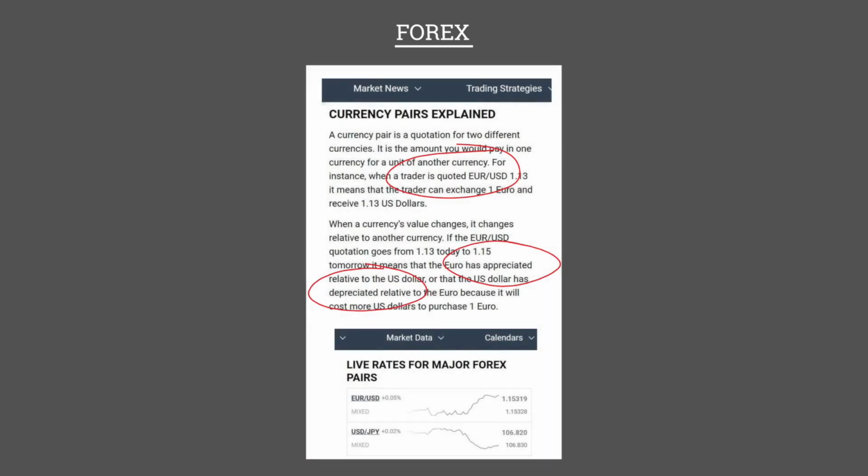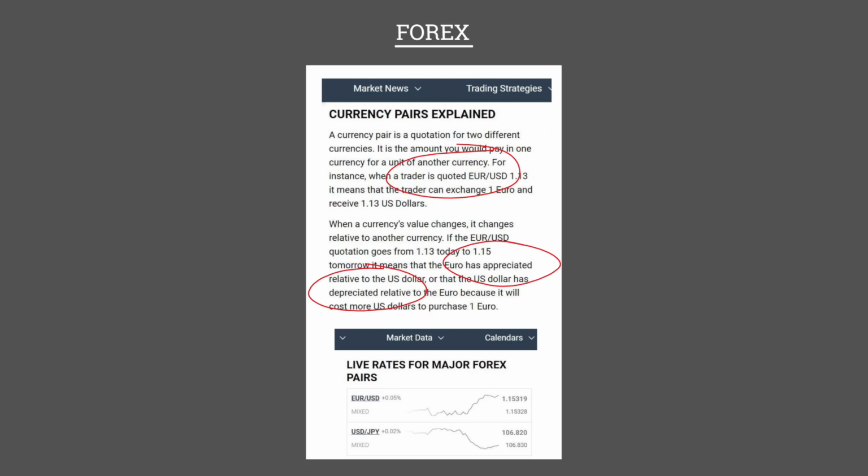So in the example in this next article, Currency Pairs Explained, here we see that the quote is $1.13 for each euro. So this is the bid quote, and it's $1.13. It's just to 2 decimal places in this case. So we can express it as $1.13.